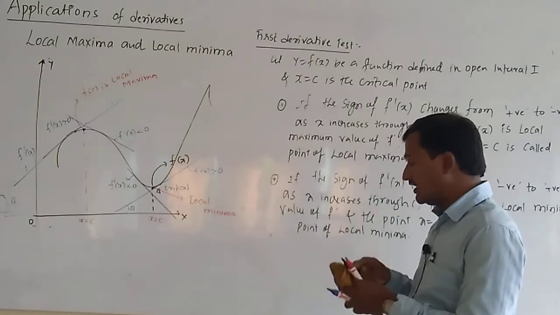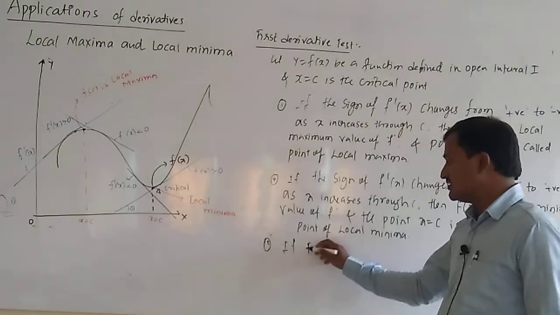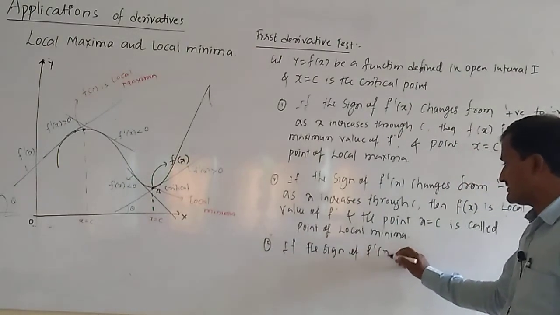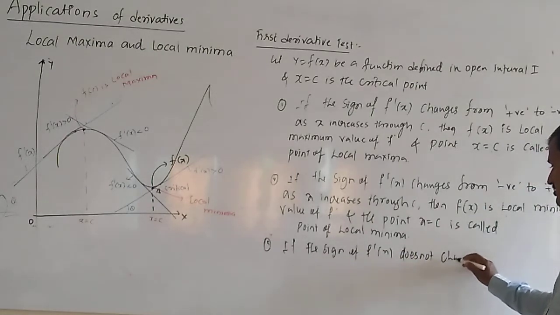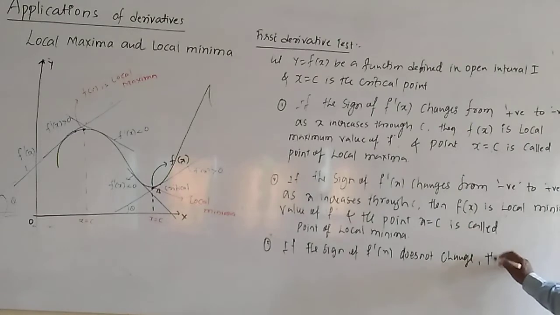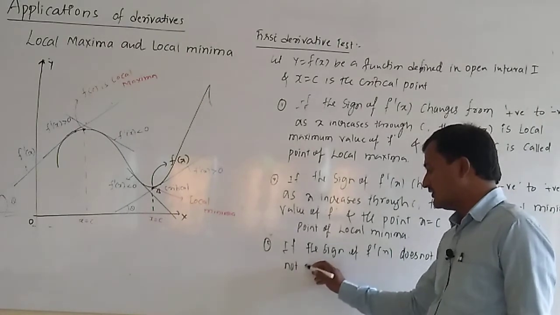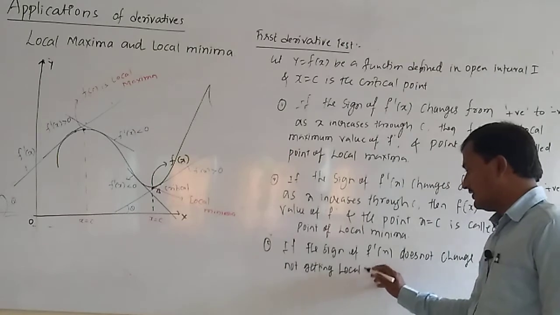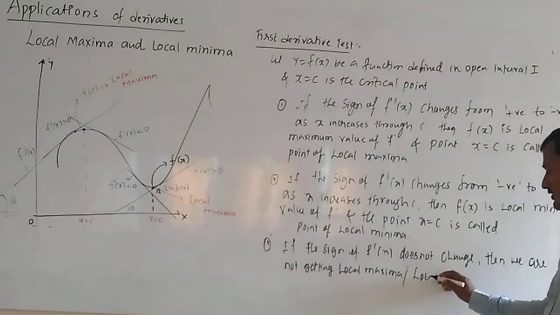So in the third one, if the sign of f dash of x does not change, then we are not getting the local maxima and local minima.